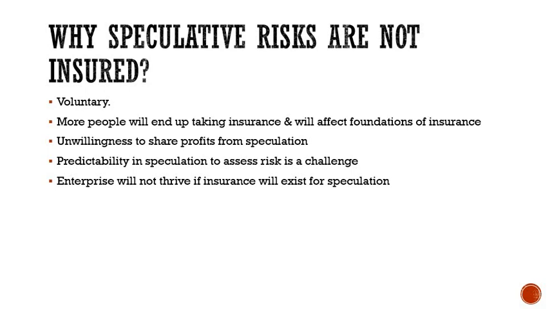People will not be willing to share their profits from speculative transactions. Predictability in speculative transactions is a challenge. There is a lack of acceptable standards to predict the probability of outcome. The society runs on the principle of no risk, no gain. An enterprise in insurance will not thrive if insurance would exist for speculative risks.